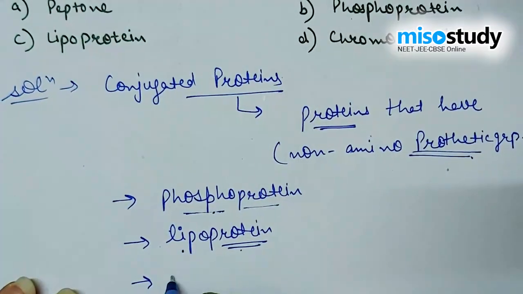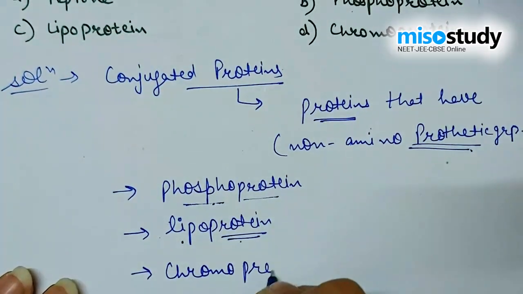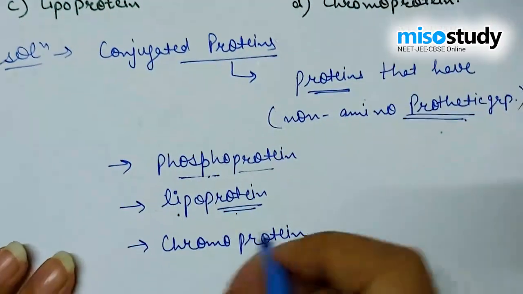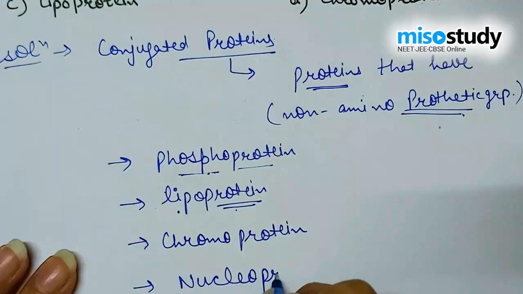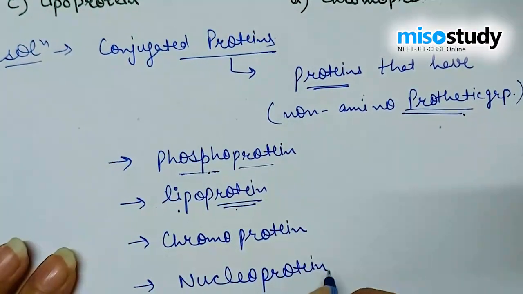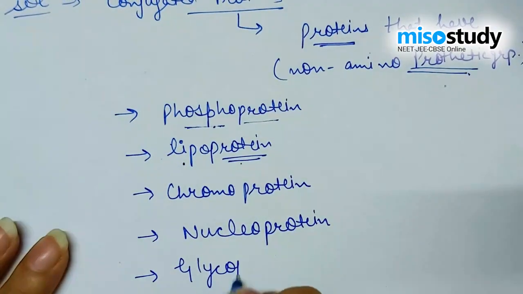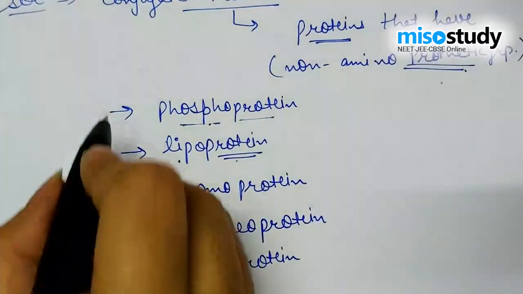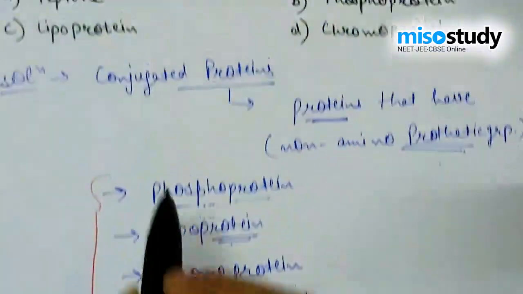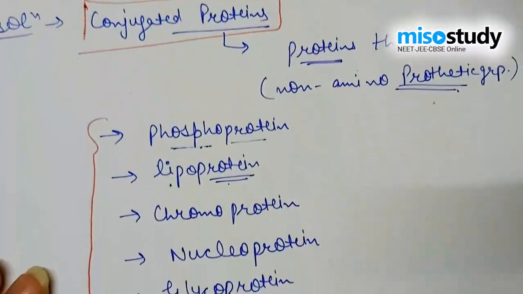The next is chromoprotein. Next one is nucleoprotein, and the last one is glycoprotein. All these are categorized as types of conjugated proteins.